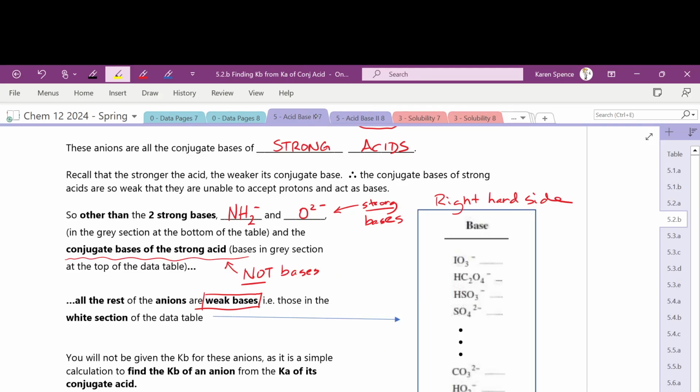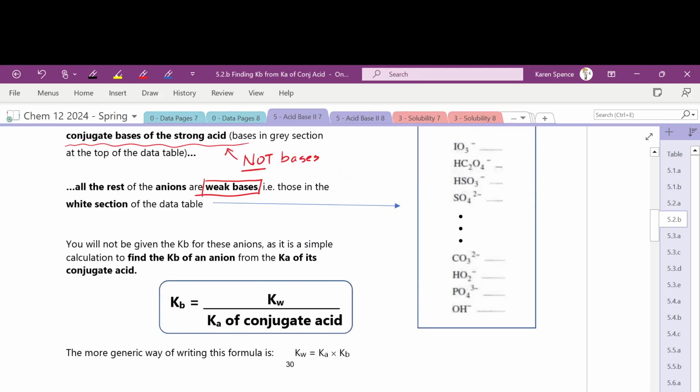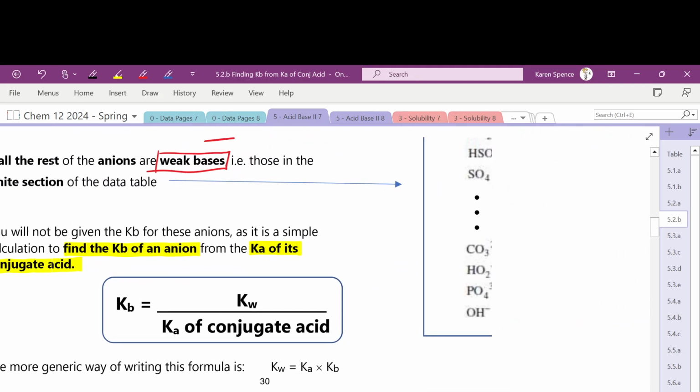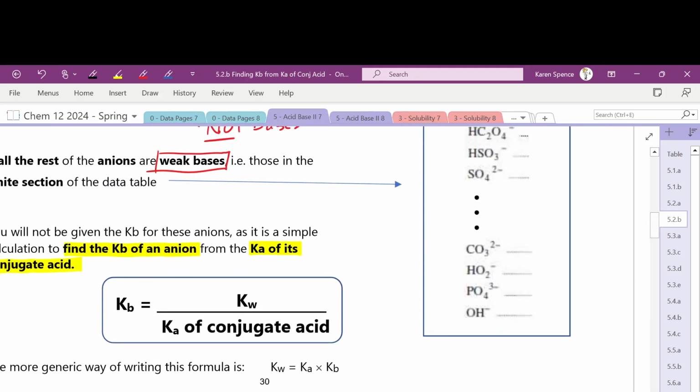All right. You will not be given the Kb for these anions since there is a simple calculation to find the Kb of an anion, and that is from the Ka of its conjugate acid.